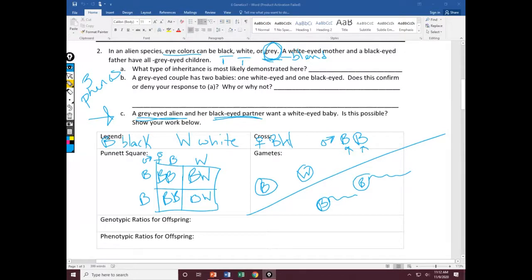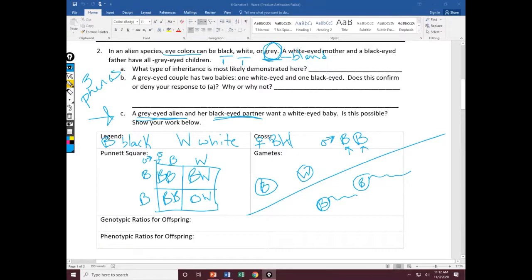What would we have to do to make a white-eyed baby? What has to change here? Which parent? Well, what we've assigned as male here, the one that has black eyes. If I'm a white-eyed baby, that means I have two W alleles.